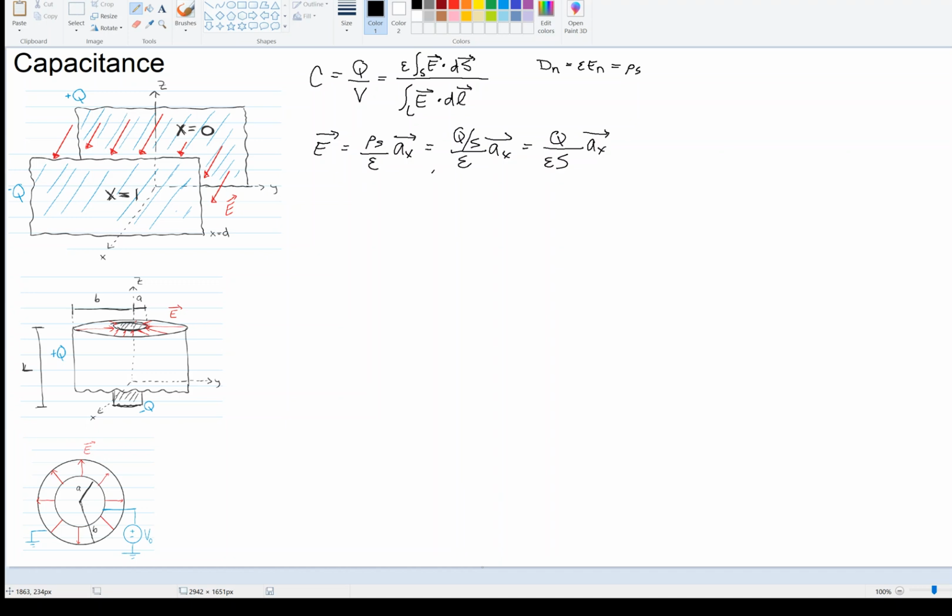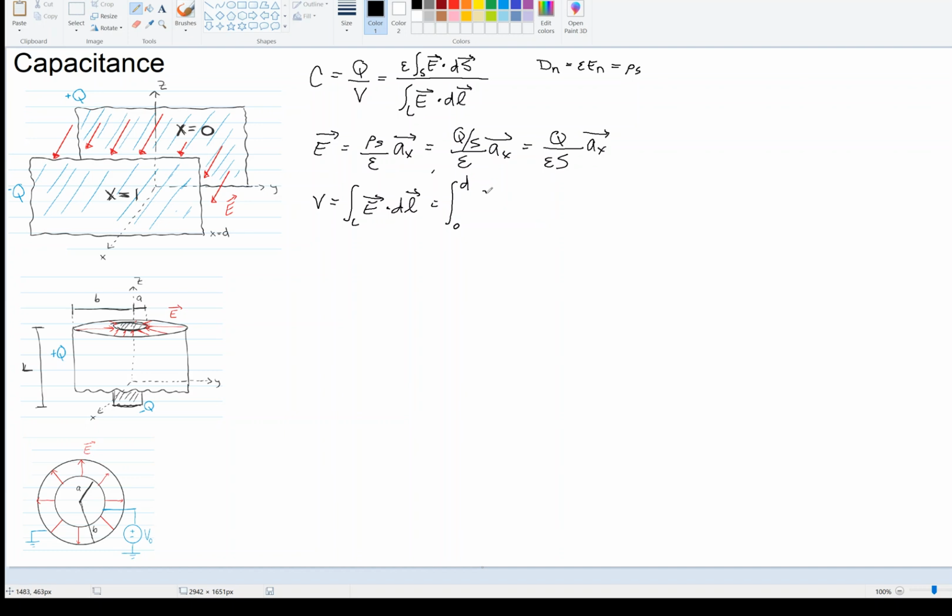We talked about that. Now we've got the electric field, we can get the voltage, right? The denominator here, we're going to take the path integral of E dot dl. So the electric field is in the x direction. Along the electric field, we're going to go from x equals 0 to x equals d, the separating distance of the two plates.